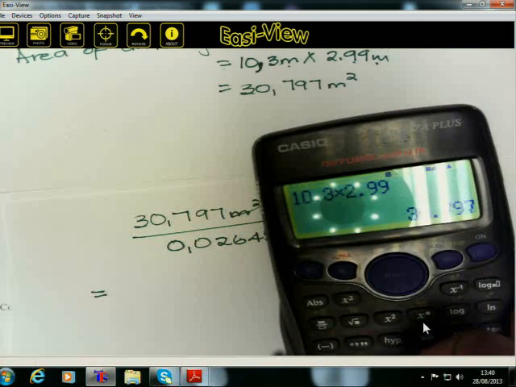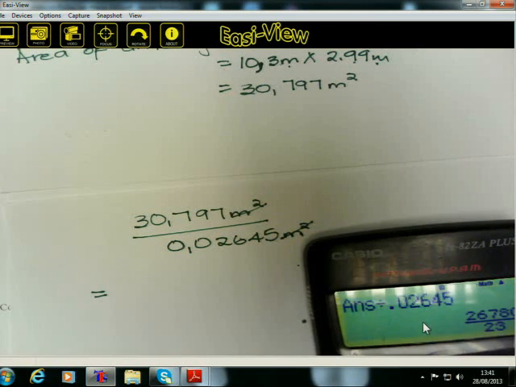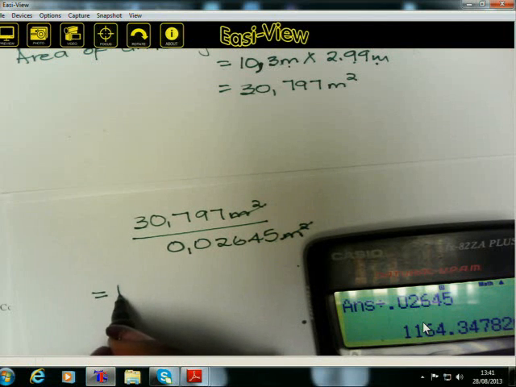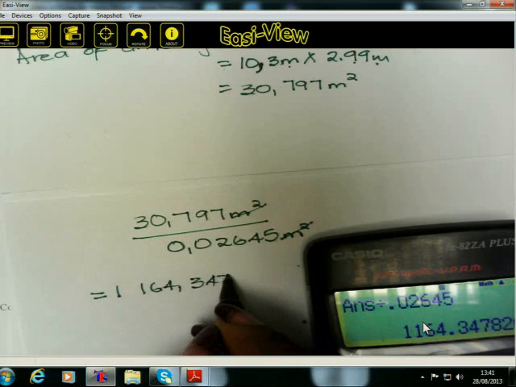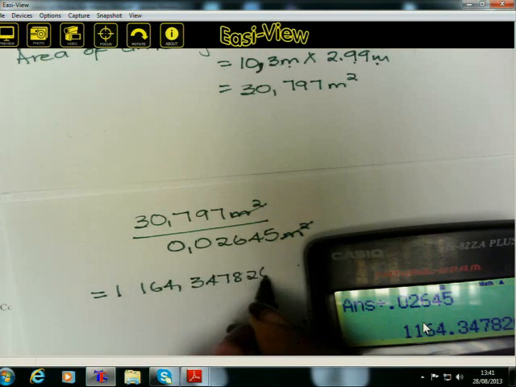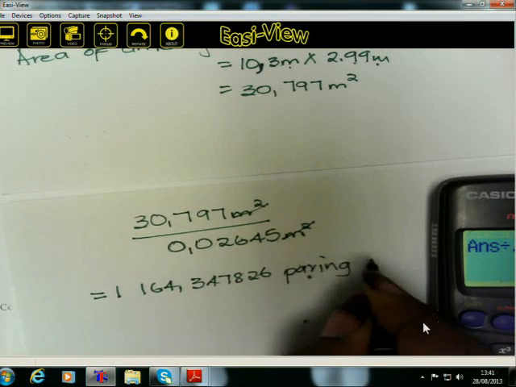Let us punch this in our calculator. 30.797 divided by 0.02645. Our answer is 1,164.347826. Remember, this is now the number of paving bricks.